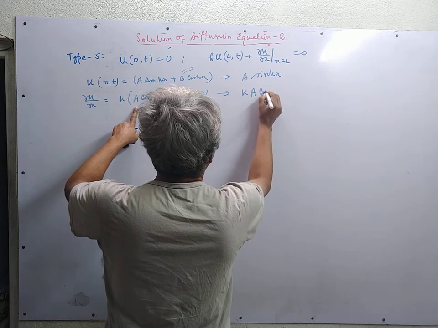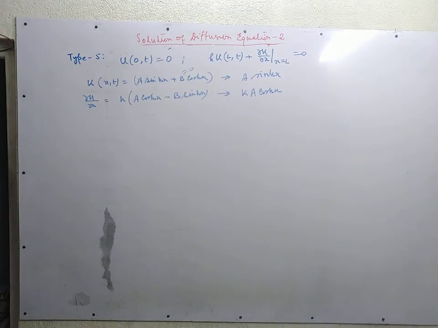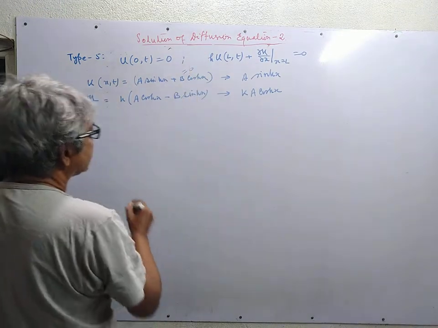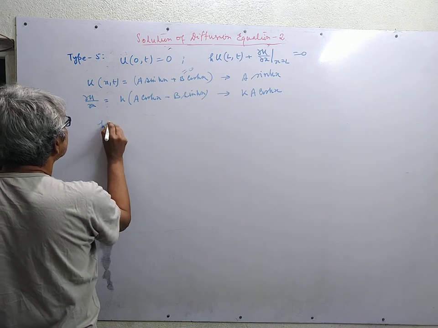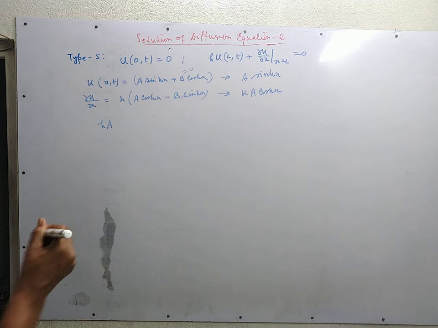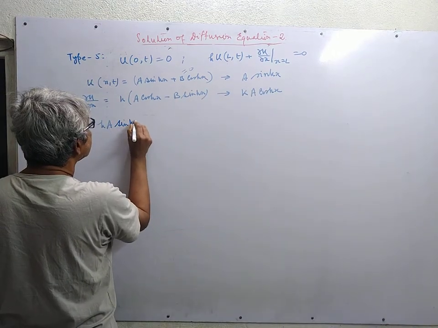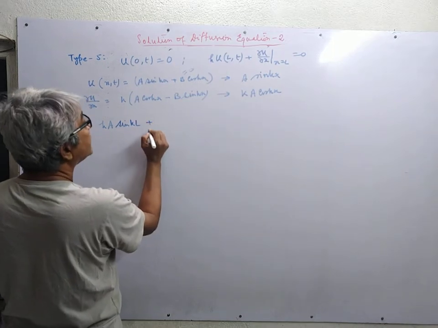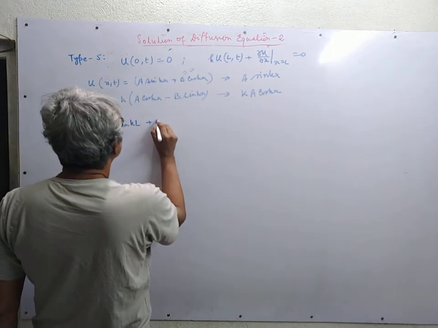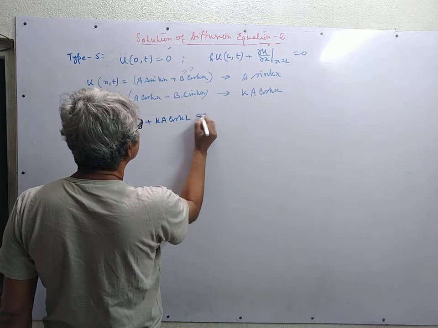Now we apply the other boundary condition, that is h times a sin kL plus ka cos kL is equal to 0.